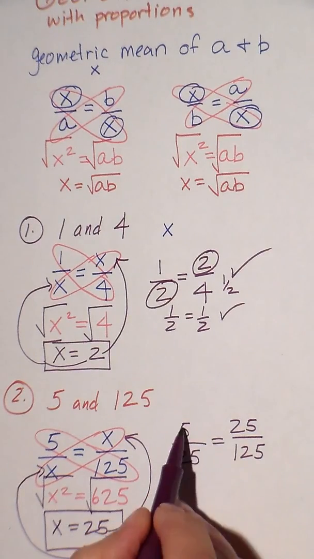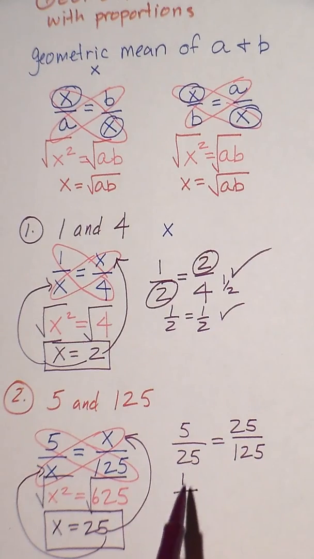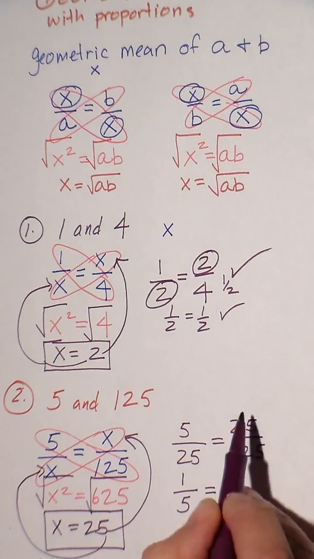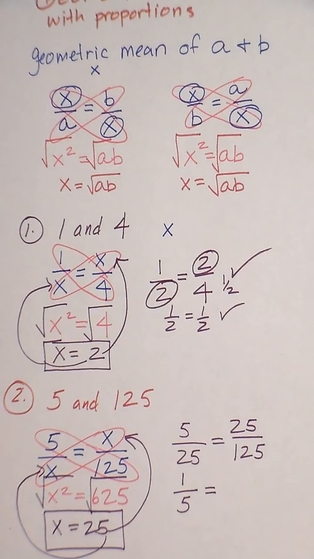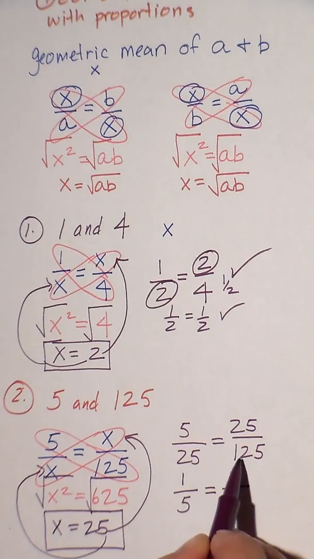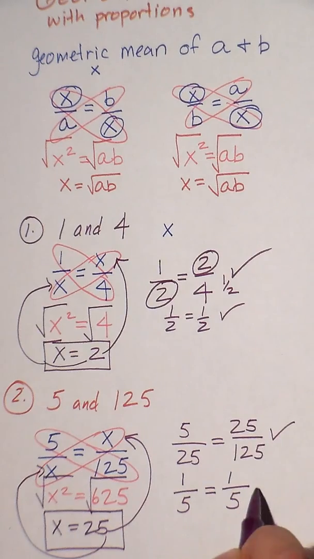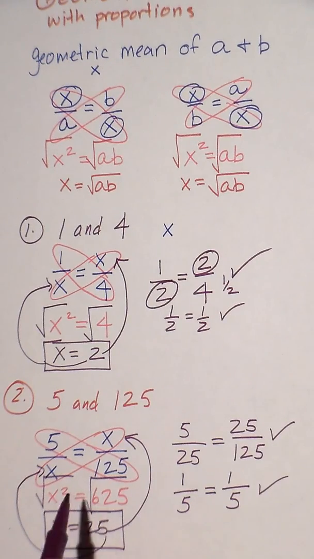So 5 goes into 5 one time, and into 25 5 times. So I've reduced that. Now I want to reduce this one. Well, these two have a greatest common factor of 25. 25 goes into 25 one time, and into 125 5 times. So are these ratios equal? Yes, they are, which means 25 is your geometric mean.